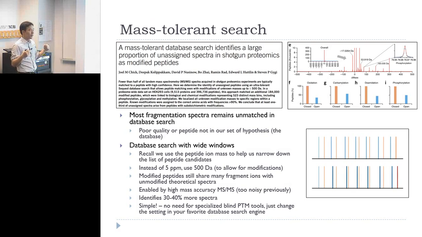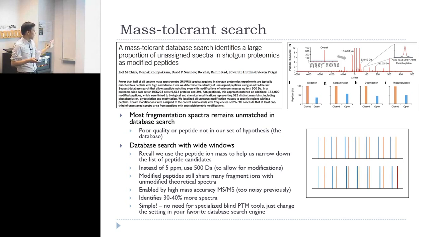And the idea behind this is that even though we're matching these modified spectra to the unmodified theoretical spectrum, lots of the fragments will remain the same, and this is how they match. And with high mass accuracy, the idea is that the background noise is sufficiently low that you can allow for this not very restrictive matching.